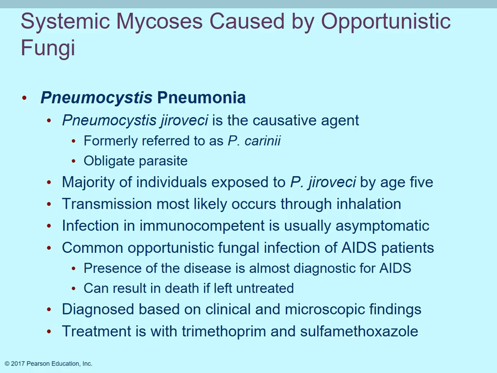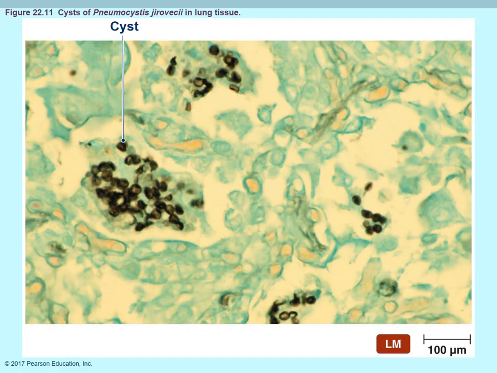It was unusual to see the sudden increase in number of cases of pneumonia caused by this fungus. And that was what raised a red flag of, wait a minute, what is going on here? Like I said, this is very common to see in AIDS patients. You can treat it with various antibiotics. This shows what the cyst looks like in a sample of lung tissue.